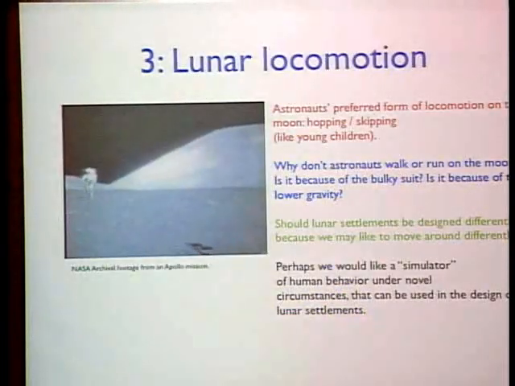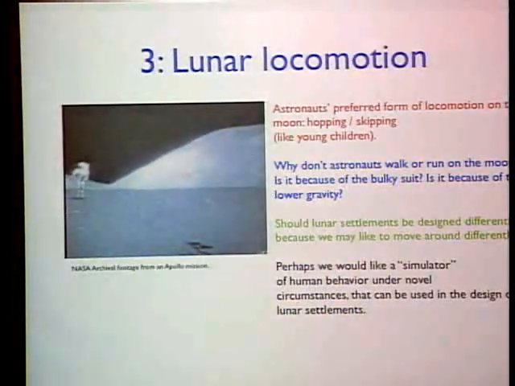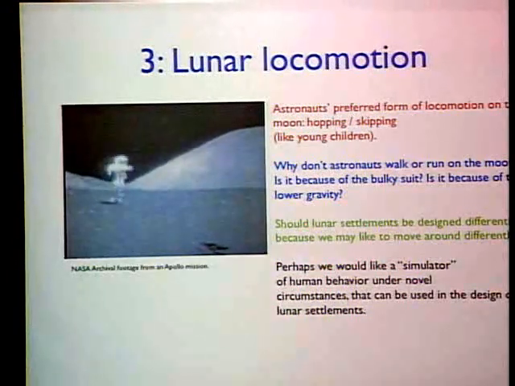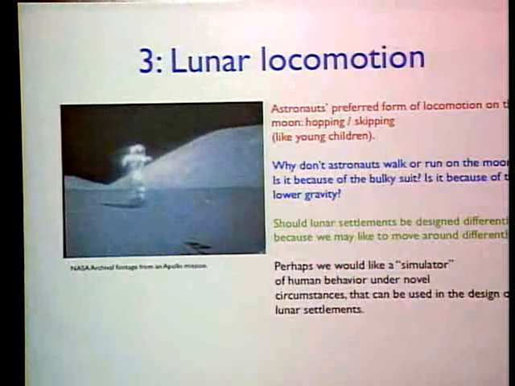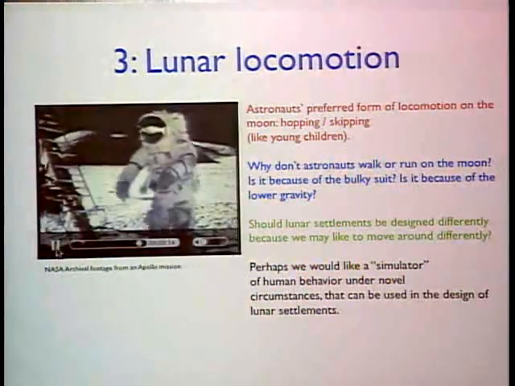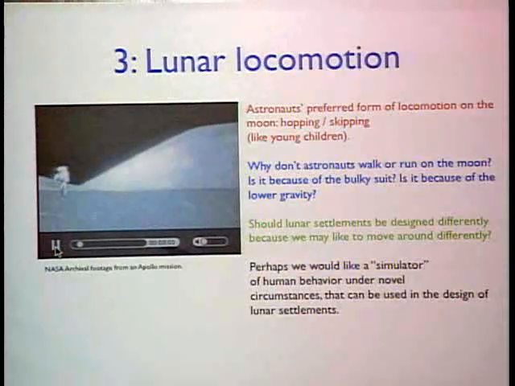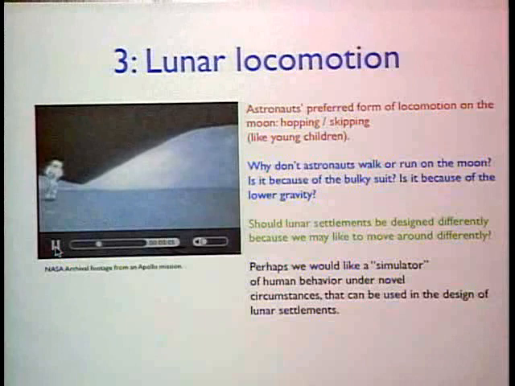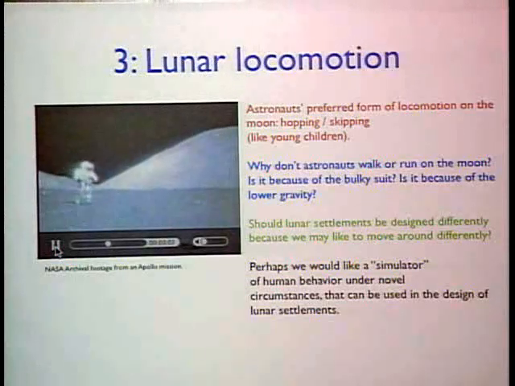And this is a classic video from 30 years ago in which you see an astronaut bunny hopping on the moon, and you might ask, why do astronauts, at least most commonly, if not all the time, use this kind of locomotion on the moon as opposed to walking or running?